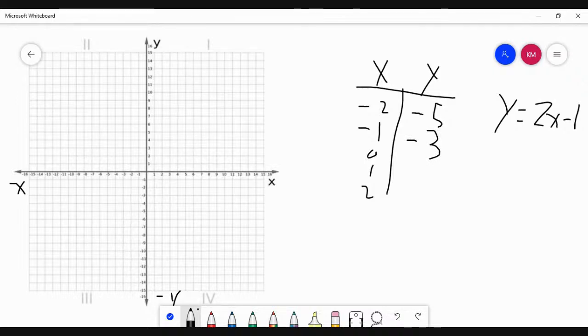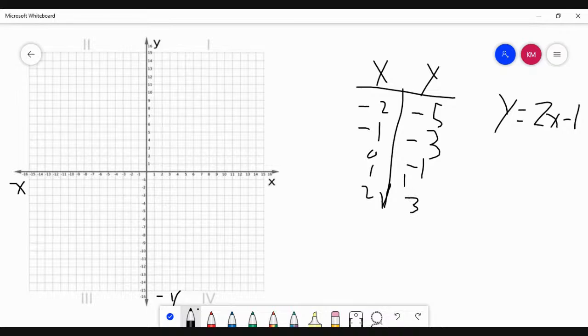Then 0 times 2 is 0. 0 minus 1, -1. 1 times 2 gives me 2. 2 minus 1 gives me 1. And of course, 2 times 2 is 4. 4 minus 1, that gives me a +3.